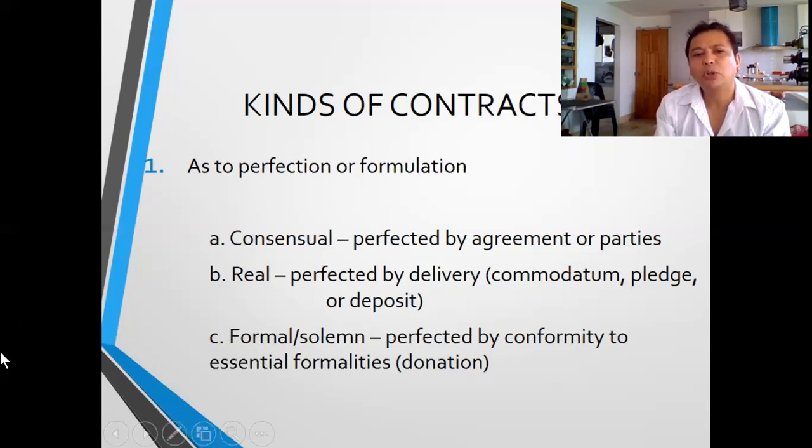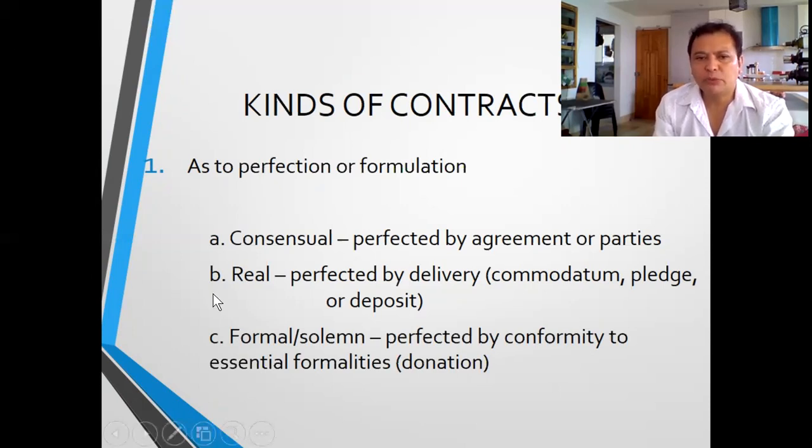Say, for example, you want to ride a taxi and go to SMC side, and the driver says, okay, I will drive you to SMC side. There is already a consensual contract, no written form. Also, a contract of sale is consensual in nature. It does not require written form, but there are some exceptions.